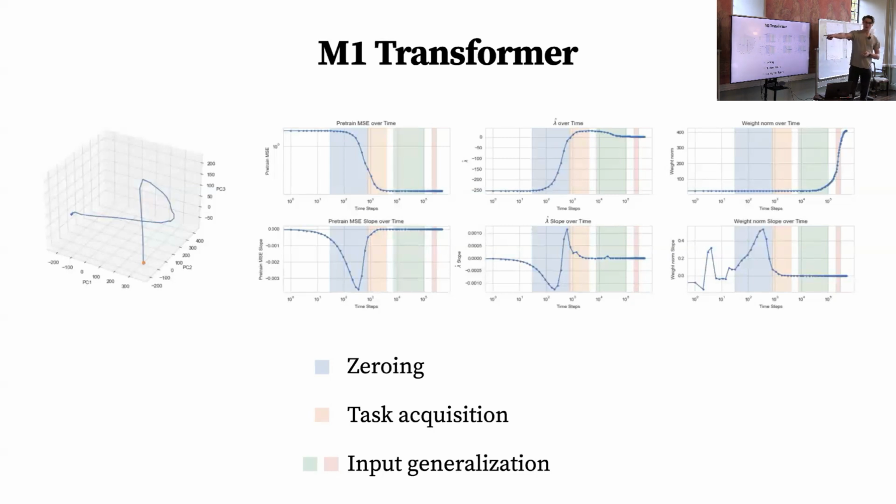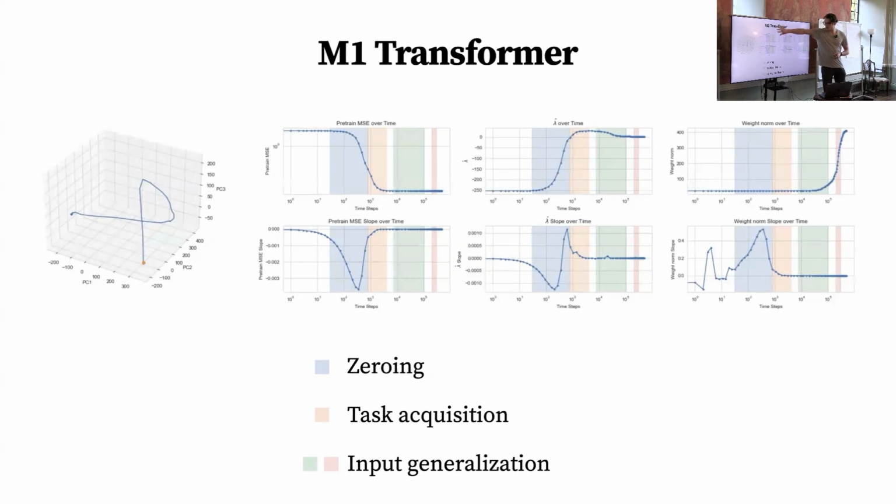On the very left, we have the PCA plot with the first three components. This was developed in the same way that I described for the Anthropic PCA plots. Then we have loss, lambda hat, and weight norm, because as we recall from the type B transitions, the type B transitions involve an increase in the lower order terms, in the C, which is related to the prior, and so related to weight norm.